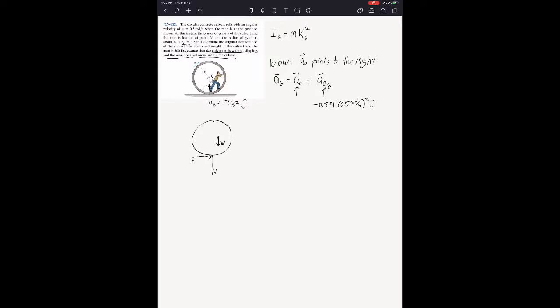And it also has an alpha term. I'll say that alpha is going to be clockwise also. So it also has a downward negative 0.5 feet alpha J hat. Again, I am still just talking about motion, nothing else.